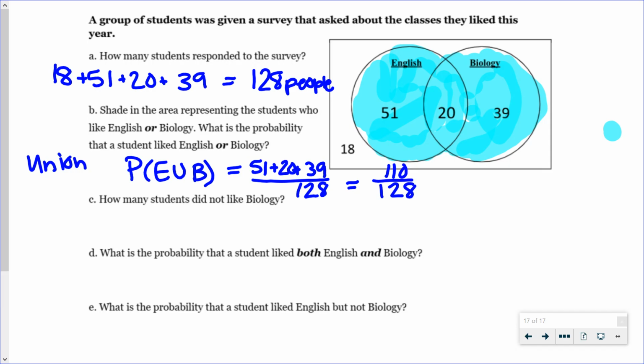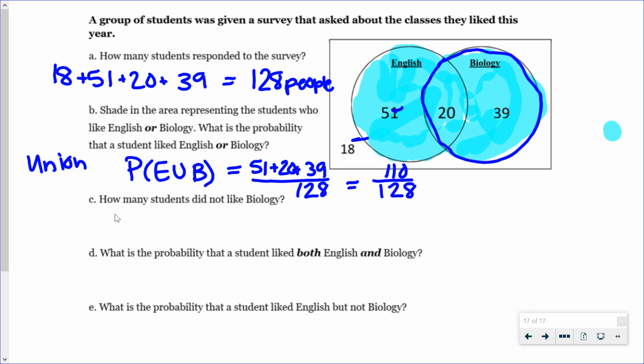Now it says, how many students did not like biology? Well, now I'm looking at, let me get my pen ready. Did not like biology. Well, they can't like English or biology. So I'm looking at this blue circle, and I'm looking at anything on the outside of that blue circle, which would be my 18 and my 51. Okay.